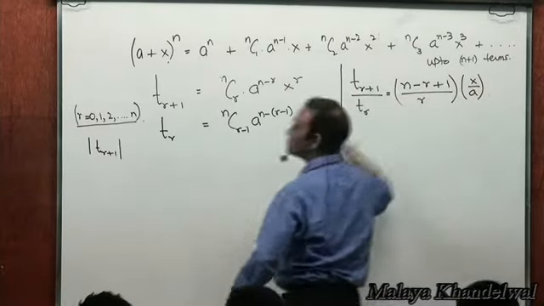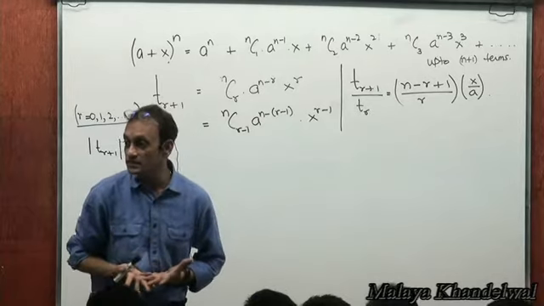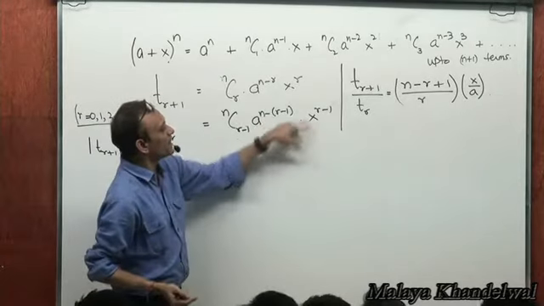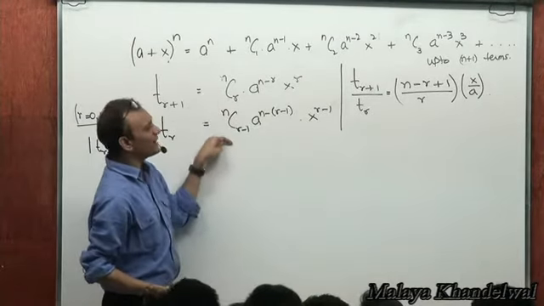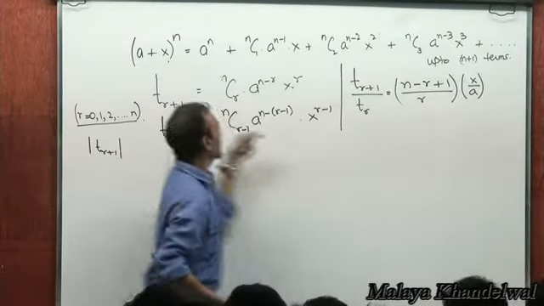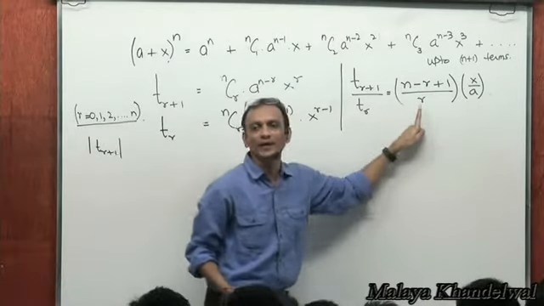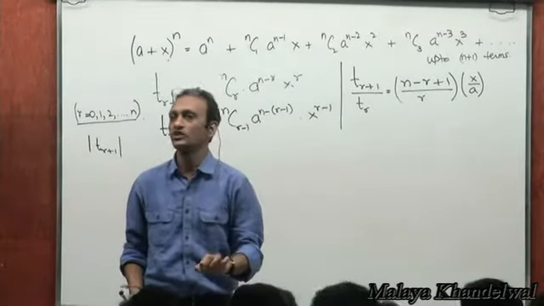I want you to be able to verify the authenticity of this. It will not be rocket science to do that, isn't it? x/a is all right, and nCr by nC(r-1) would actually be (n - r + 1)/r. If you divide nCr by nC(r-1), that's going to be (n - r + 1) divided by r. Yes or no?